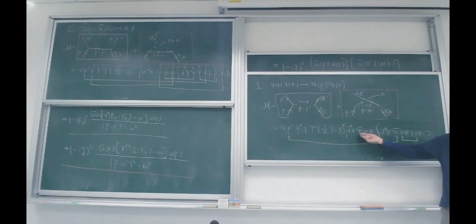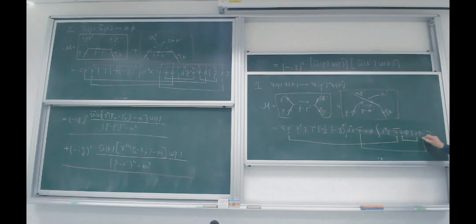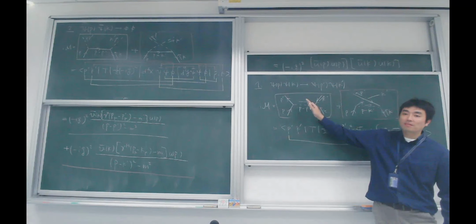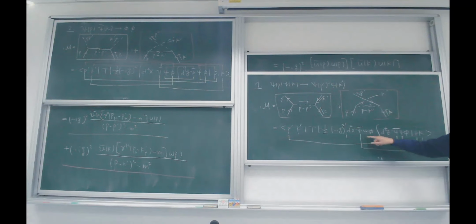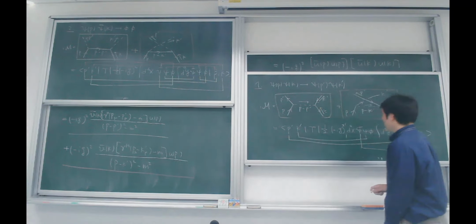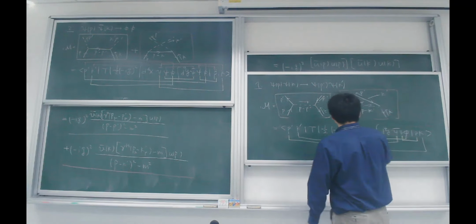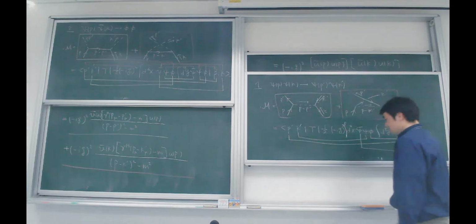Now psi bar should contract with K. Okay, psi bar is contract with K. That will give you anti-fermion. And psi should contract with K prime. Okay, and then to get the propagator phi and phi are contracted. Okay, they agree? You guys get used to it.